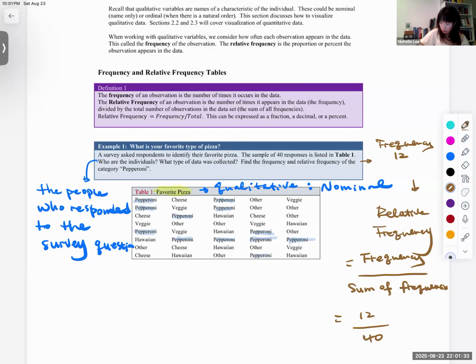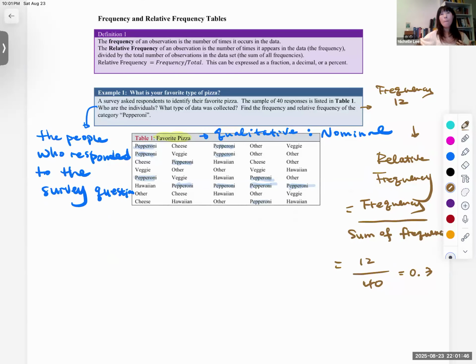So this is a fraction. Can you please calculate? Which is 0.3. Thank you. Then we can express it as a percent. How? Times 100%, yeah? Then we move the decimal point to the right twice. So there will be 30%. Yeah, that is the relative frequency. Okay, very good.